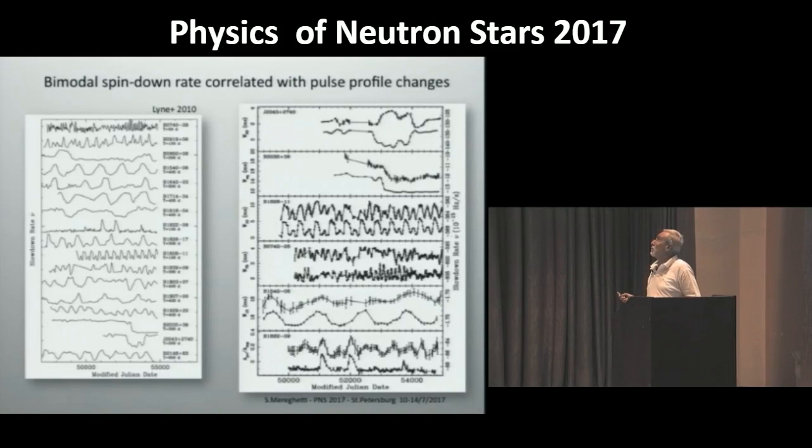These are curves in which you have in each plot something related to the shape of the pulse profile, and you see that it correlates with the variations in the spin-down rate. So there is a lot of variety of variability in rotation-powered pulsars seen in the radio band.